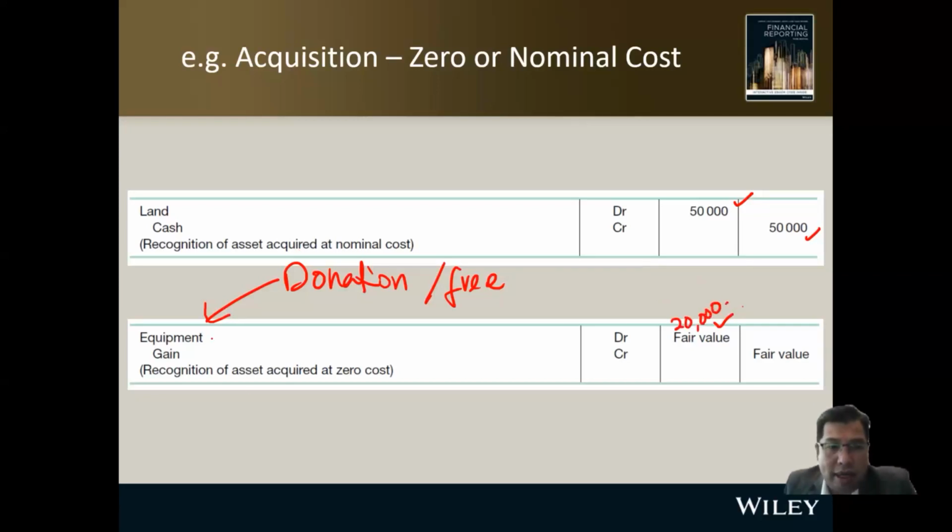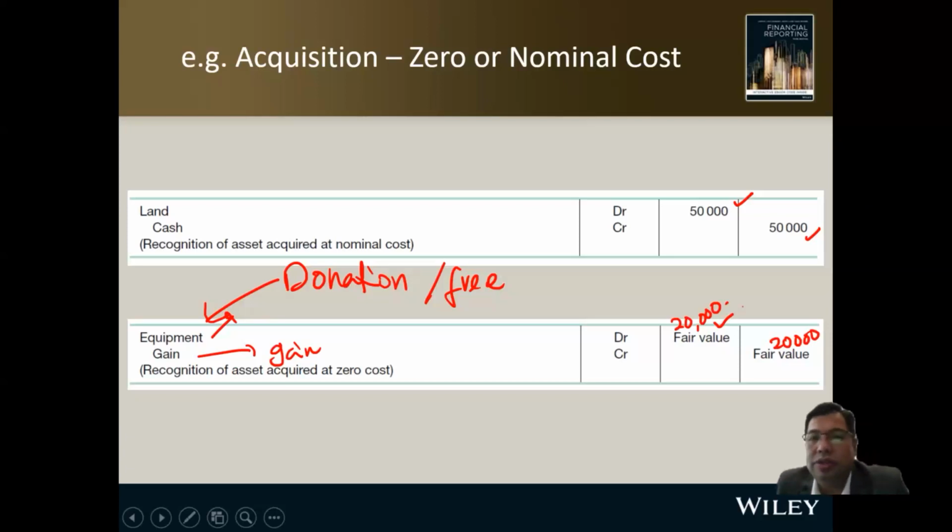This is the debit, an increase in your equipment, and you need to credit gain here, 20,000. Gain, because you got it for free. Okay, so this is for zero or nominal cost acquisitions.